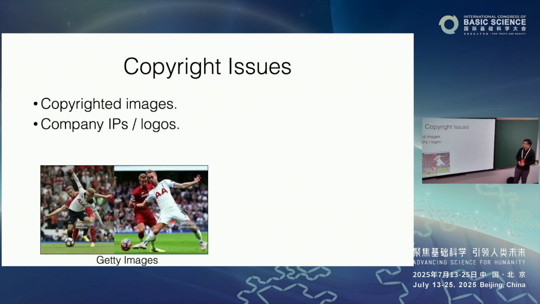Okay. So if you look at these copyright issues, here is the image. This image is very interesting in some sense. This is the real image, this is the fake image, this is the generated image, and you can see the Getty Images watermark here.